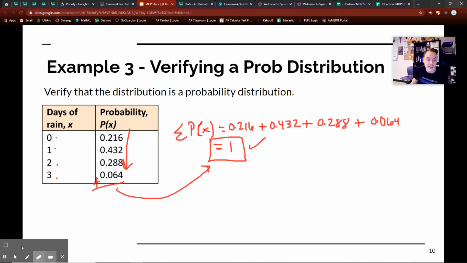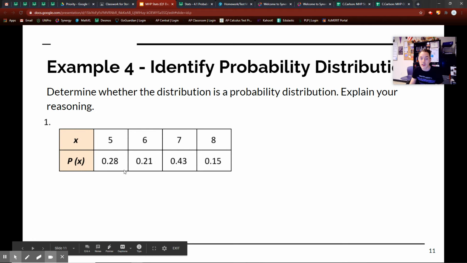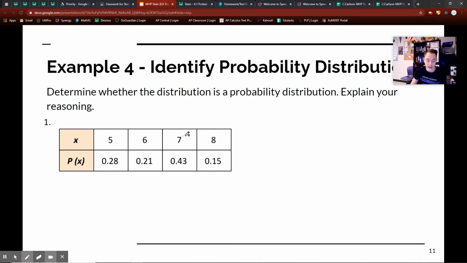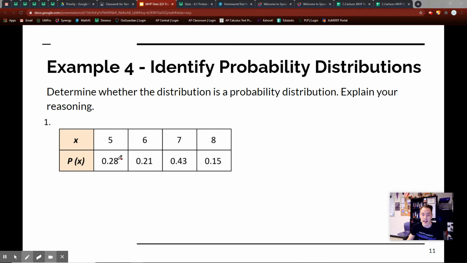So let's go through a different example. Let's erase. Let's see if you guys can do this yourself. Determine whether or not this distribution is an actual probability distribution. Okay, first thing you should notice is your x's are all countable. Okay, they're all between 0 and 1. But what happens if I add them? So go ahead and add these.